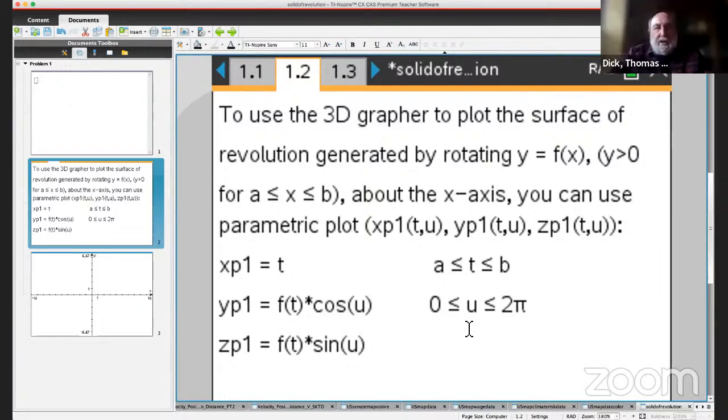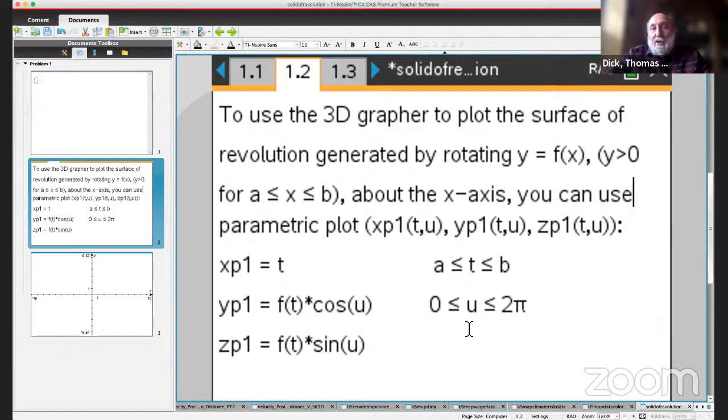So certainly 3D graphing is not part of the AP course description at all. But as a teacher, this is a place where you might want to make use of a 3D grapher just to give your students a chance to visualize what these solids of revolution actually look like. So you could view this as kind of a recipe for doing that, but it's good to think through the mathematics.